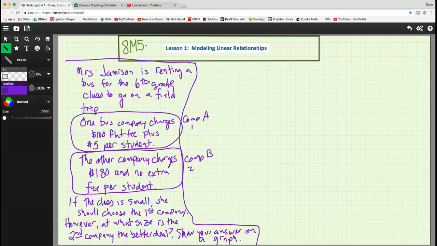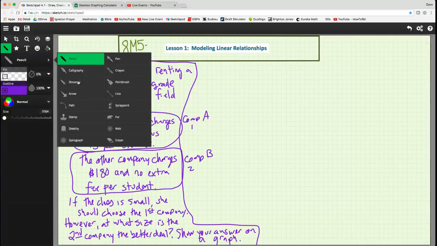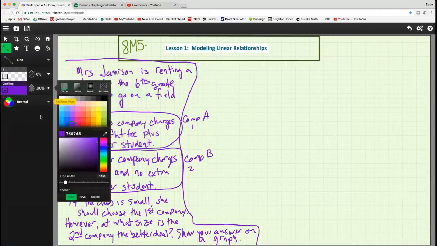So let's model this using a graph, and let's see if we can figure out when each bus makes sense for Mrs. Jameson. So let's make ourselves a graph. We'll do it in light blue.